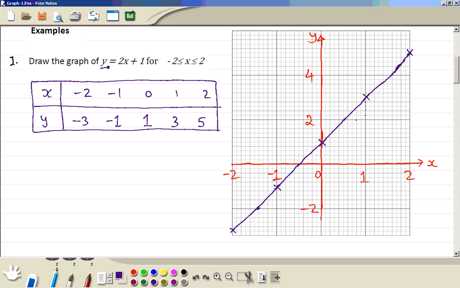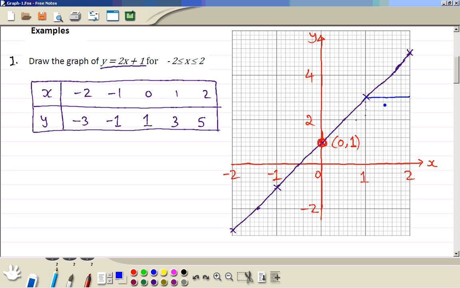This is the graph of the equation y equal to 2x plus 1, and when x is 0, here we have the y-intercept, which has the coordinates 0, 1. And the gradient is 2. So the gradient means every step we go to the right, we go 2 units upwards.